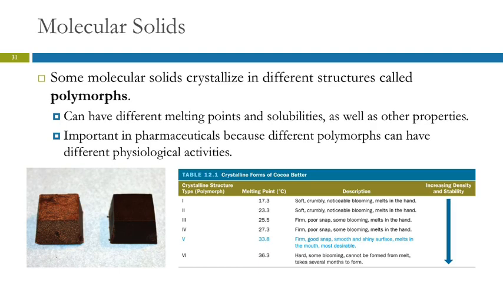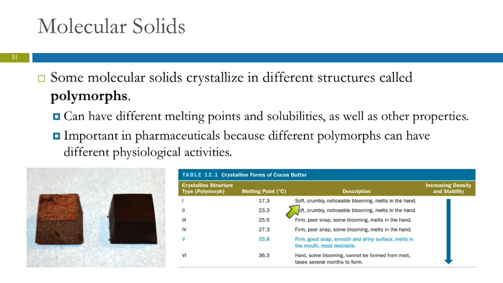They have different melting points, and different characteristics in terms of density and stability. Here in the blue, polymorph 5 is the one that's most desirable, and melts at 33.8 degrees Celsius. It's firm, it snaps nicely, it's smooth and shiny, and it melts in your mouth. It's the most desirable of the chocolates.